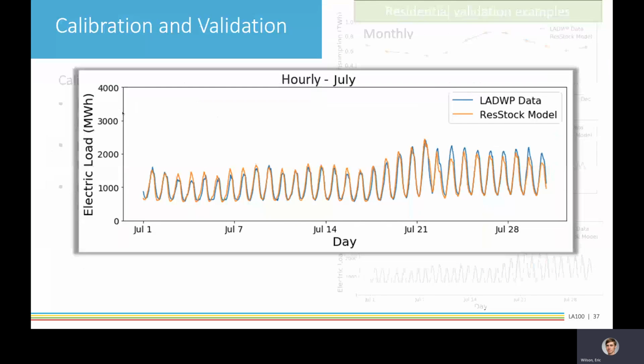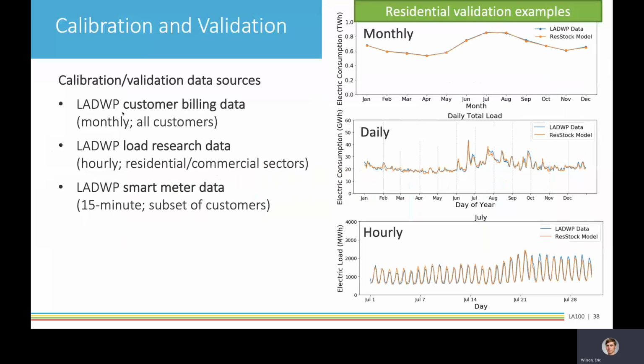Well, the data sources we had access to depend on what kind of data you have access to, but in this case, we had access to monthly billing data for all customers of this utility. We also had access to their load research data, which was from a sample of their customers, both in the residential and commercial sectors. So that was hourly data as opposed to monthly, but it was for the sector total.